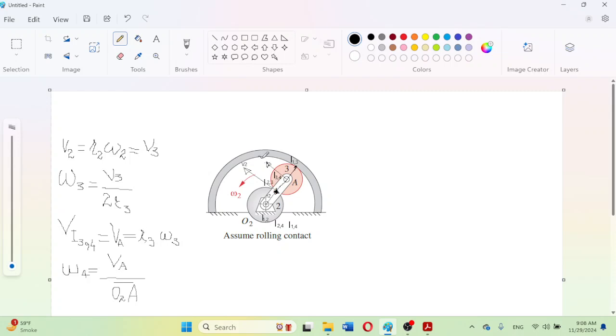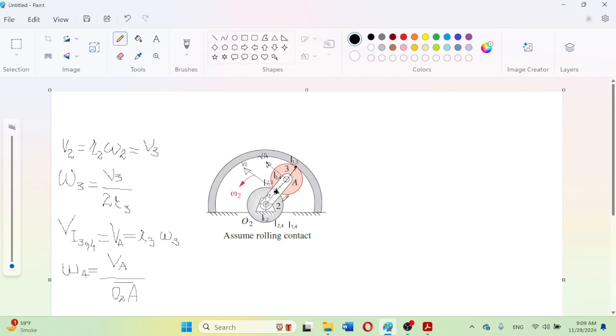So this vector is the velocity of point A. Now this point has been shifted onto this link number 4, which is in pure rotation about this point O2.